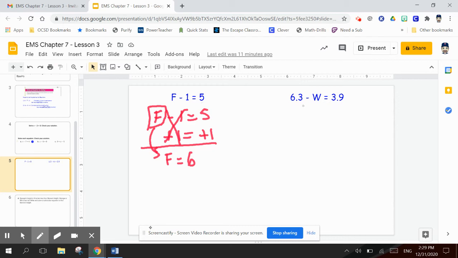Here in example 2, 6 and 3/10 minus w equals 3 and 9/10. I notice that my variable is behind the subtraction sign, which means that I'm going to subtract to find the value of w.